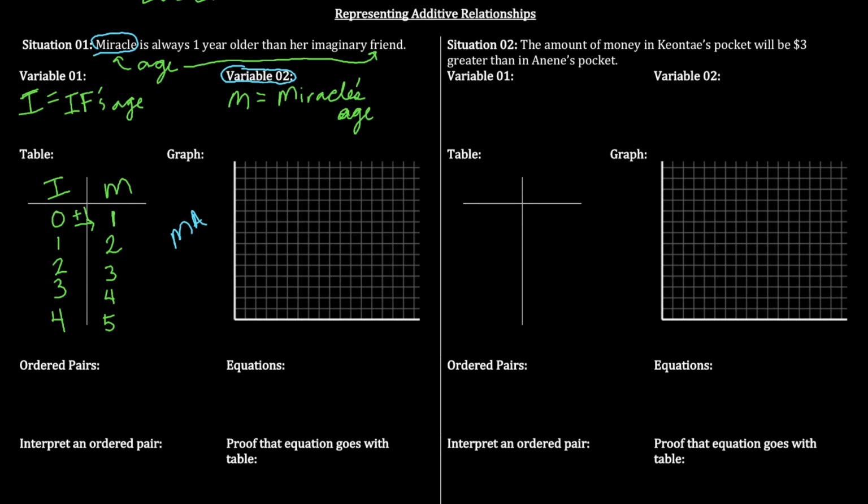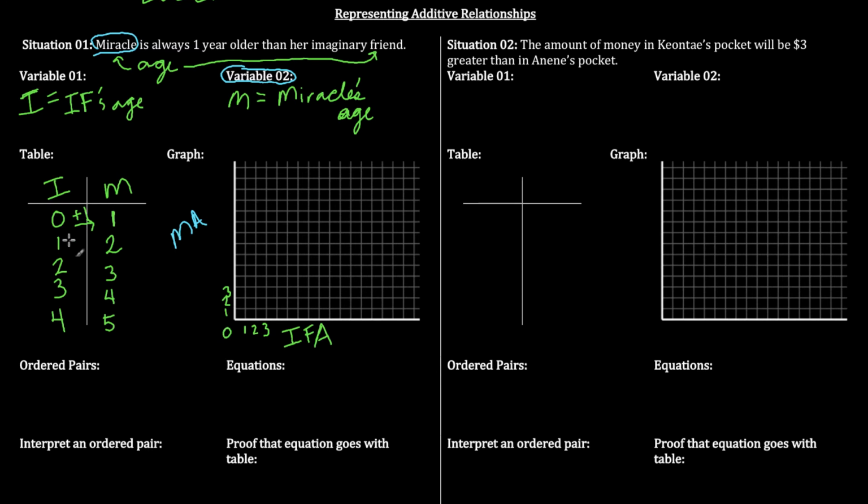And then the other one we can just leave as normal down here in this remaining spot. This is her imaginary friend's age. I do want you to label those, like start showing me what you're counting by. So 0, 1, 2, 3, and then 0, 1, 2, 3.